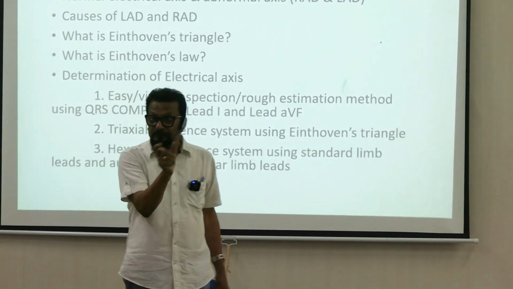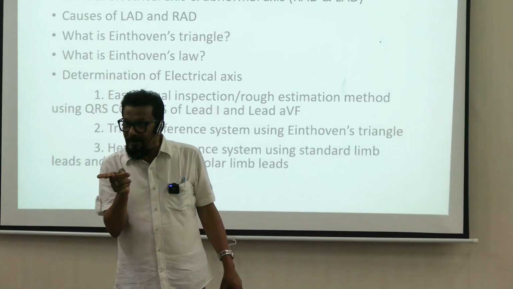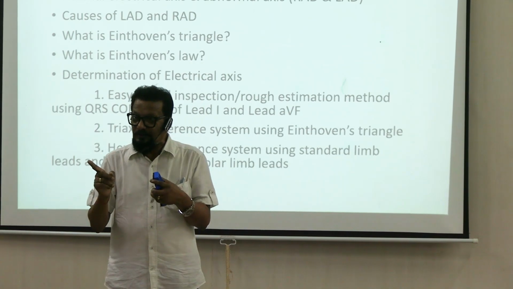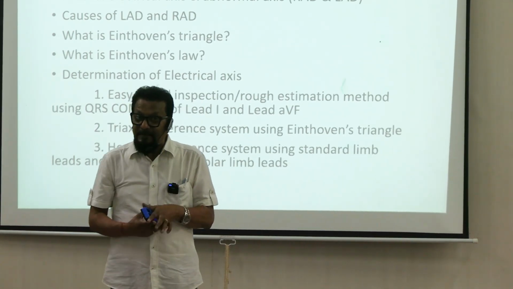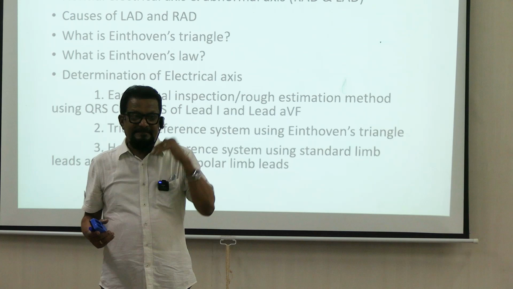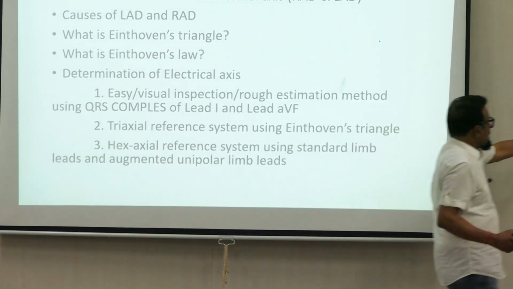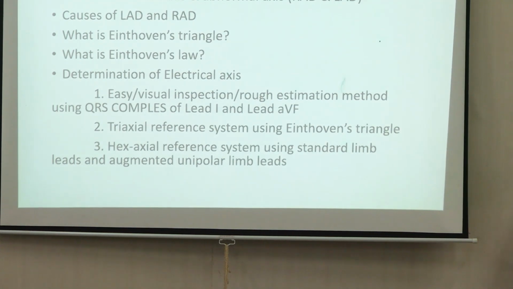Now, because of the dipole, there will be a flow of current, and small vectors are produced. If we sum all of these, we have seen that the dipoles are creating vectors.